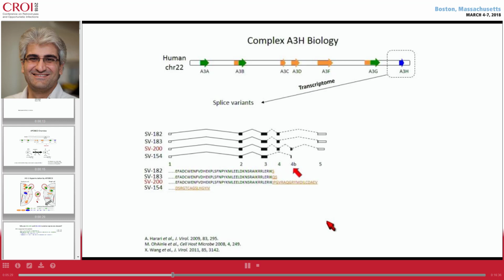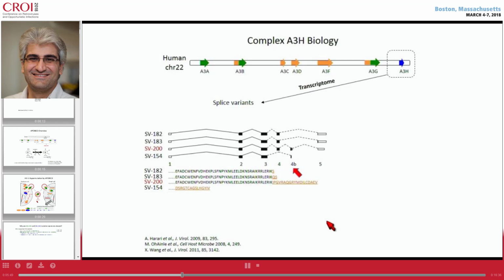It has an exon called exon 4B, which is important, and it's not included in the other main splice variants of APOBEC3H, 182 and 183. The genetics of A3H is also complex. 7 haplotypes have been reported for this enzyme.